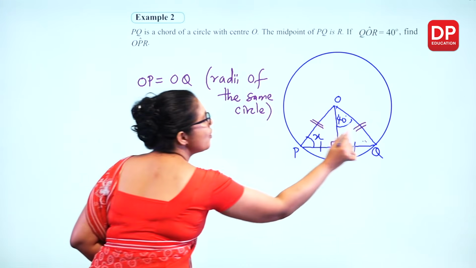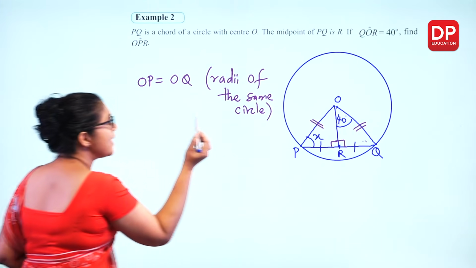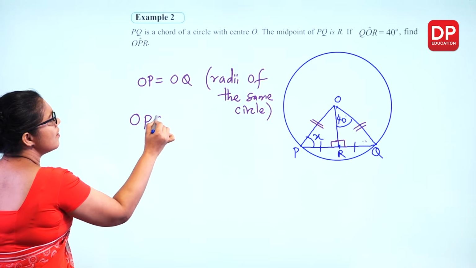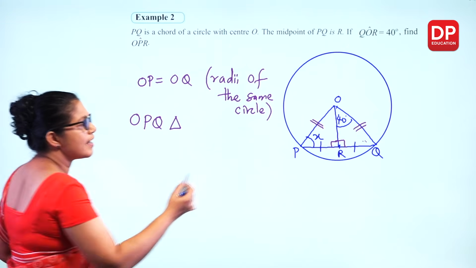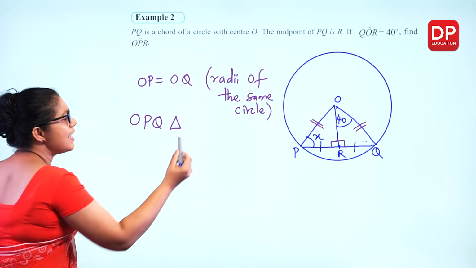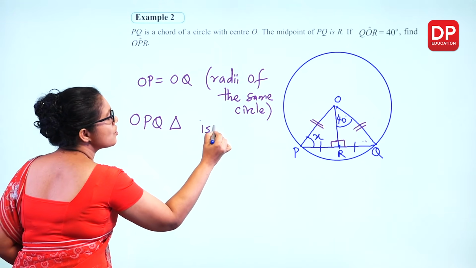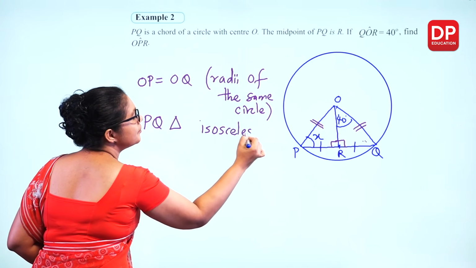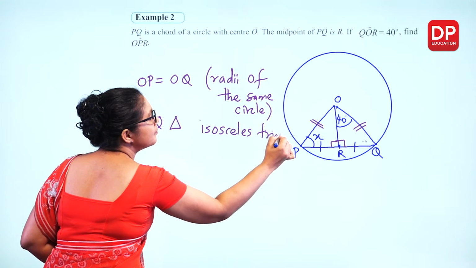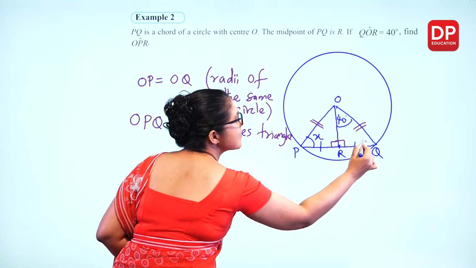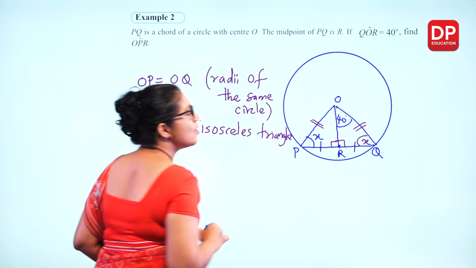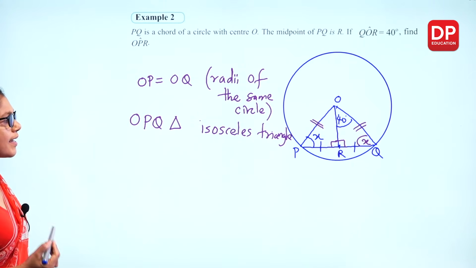If you know this, think about triangle OPQ. Triangle OPQ should be an isosceles triangle because these two sides are equal. So here, if this is x, this also is equal to x.